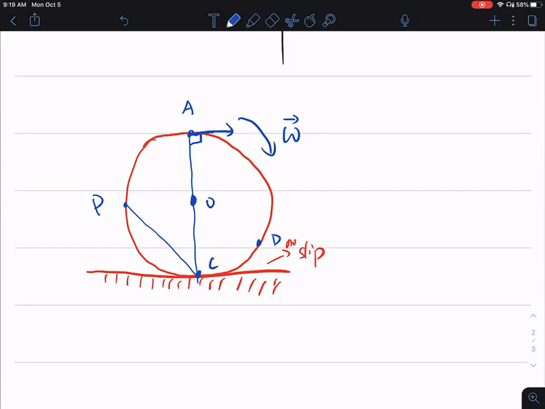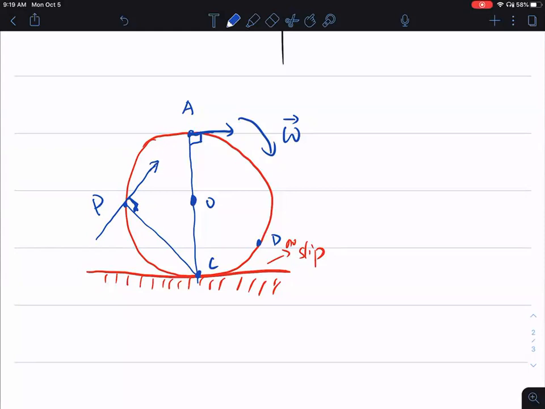Connect the point P and your instant center and draw a perpendicular line. What's the direction of point P? There's that angle there. So it's like angle direction. Because this whole wheel is rotating clockwise, so there's only one possibility for direction of P, which is going upward.